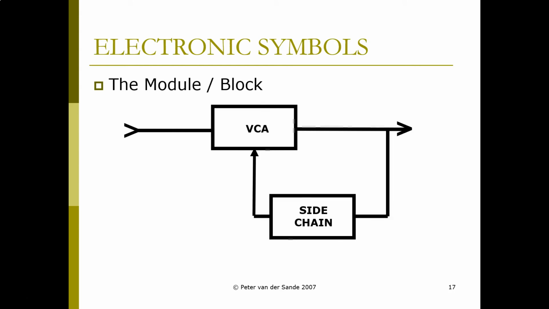Another way to look at this is you might take the output of the voltage-controlled amplifier and use the side chain to control the level of that amplifier on the output side.